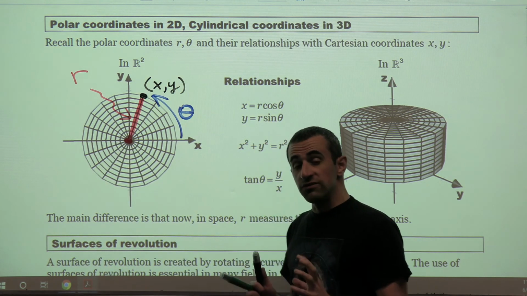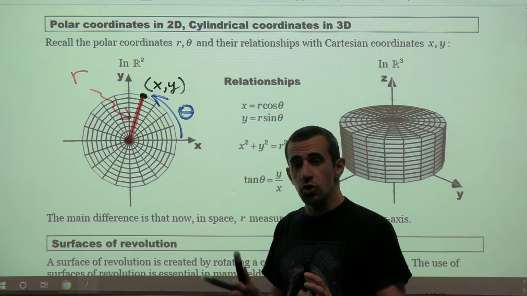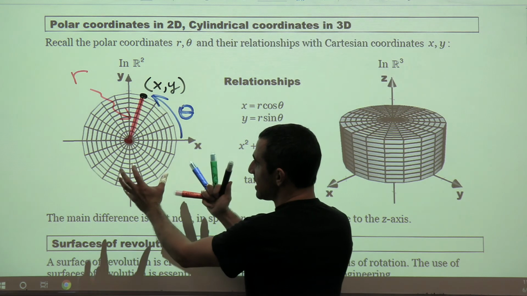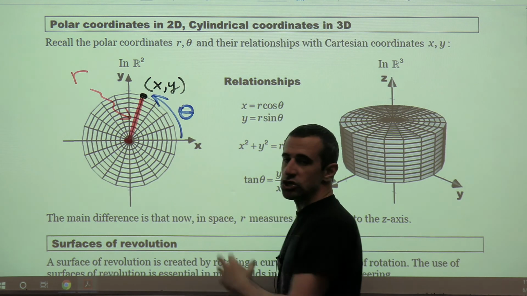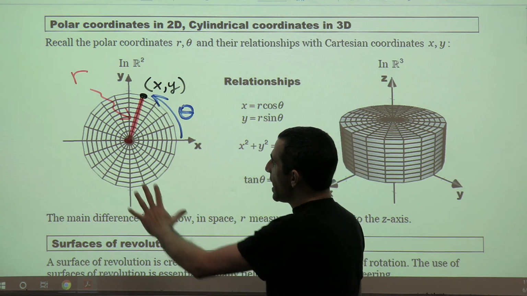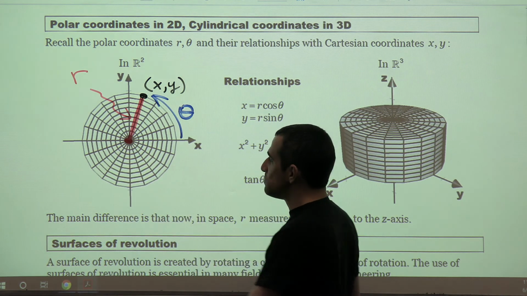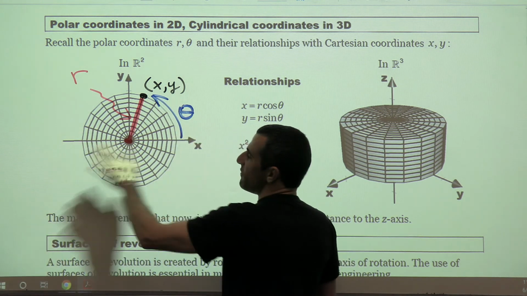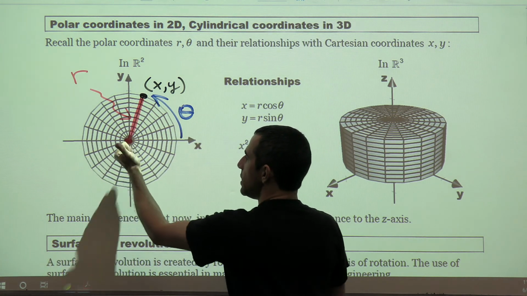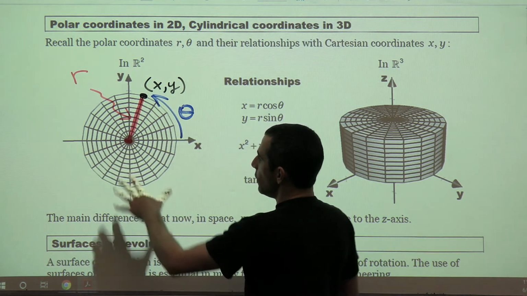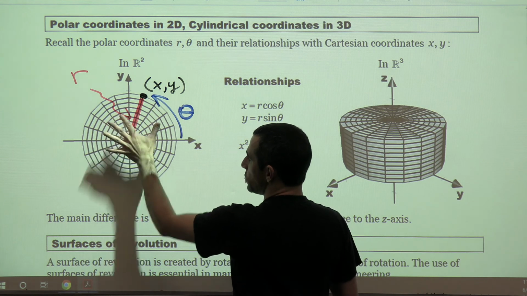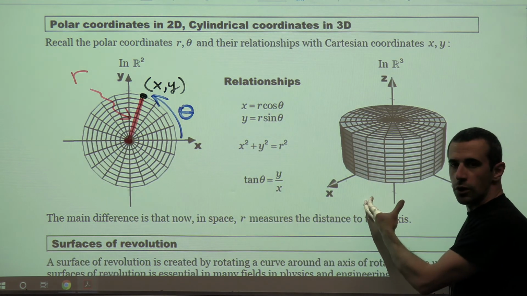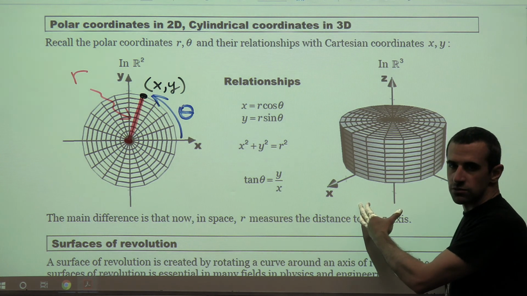So if you're thinking of the cylindrical coordinate system grid in space, when you look at it from above, what you see is exactly the same as what you see in the two-dimensional polar grid. And the way you get the third dimension is by taking the polar grid and just stacking it on top of itself repeatedly in the z direction. If you stack these polar grids on top of each other, what you generate is this cylindrical grid system in space.